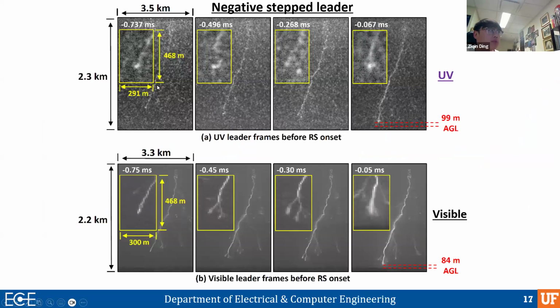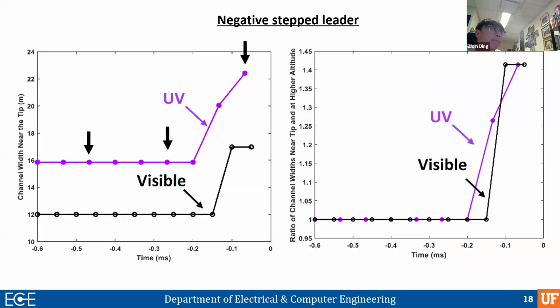As the negative step leader propagates towards the ground, we didn't see any UV embellishment at the leader tip, and the luminosity level for the leader tip and the channels behind it stays similar. This is true also for the visible. In short, the negative step leader didn't show much difference between the UV range and the visible range, and we didn't observe similar embellishment compared to the positive leader we just showed.